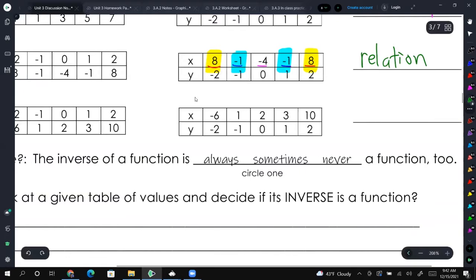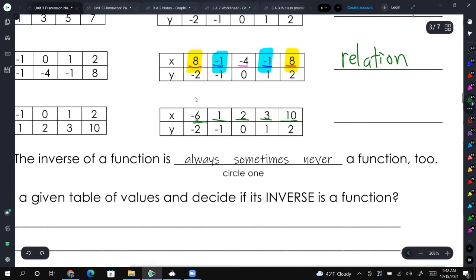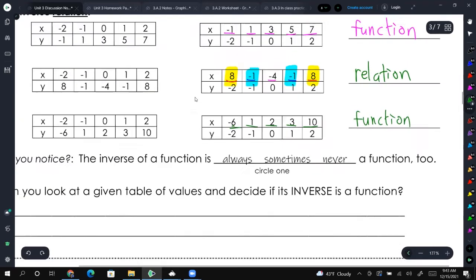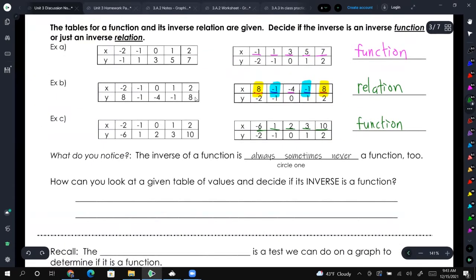Then here we have 6, +1, +2, 3, +10. None of those are repeated, so this is a function as well. So the inverse of a function is sometimes a function as well.